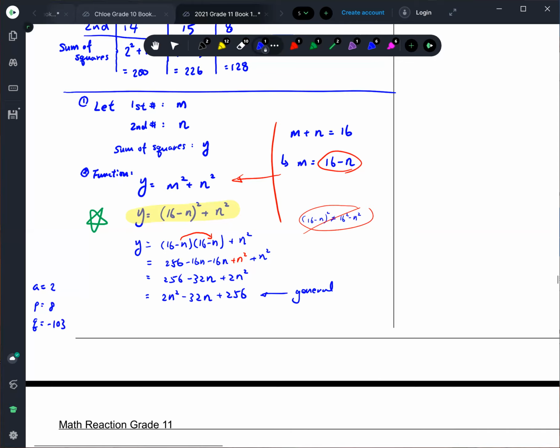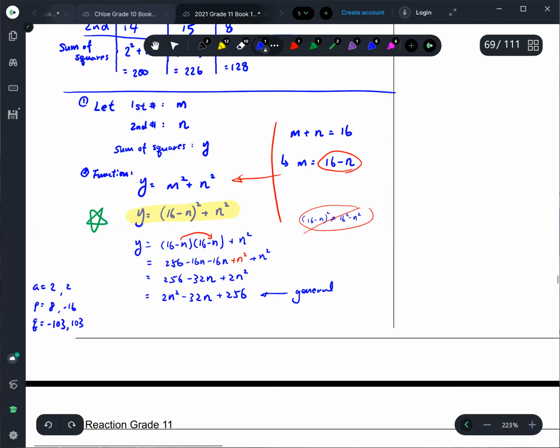All right, and Isabella, what do you have for APQ? A, I got 2, and then P, negative 32. And then Q, wait, no, P is negative 16, and then Q is, I think it's 103 too.